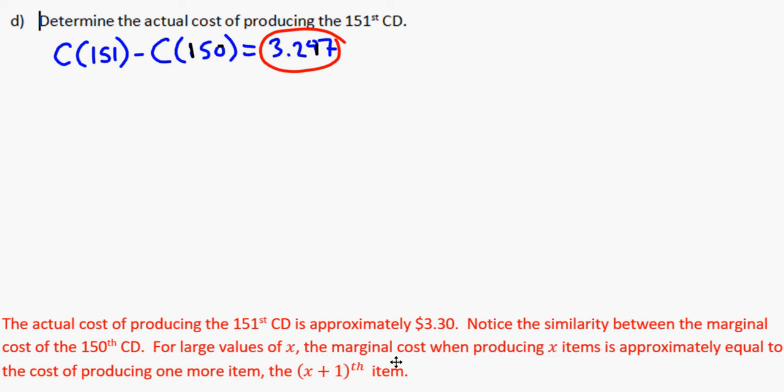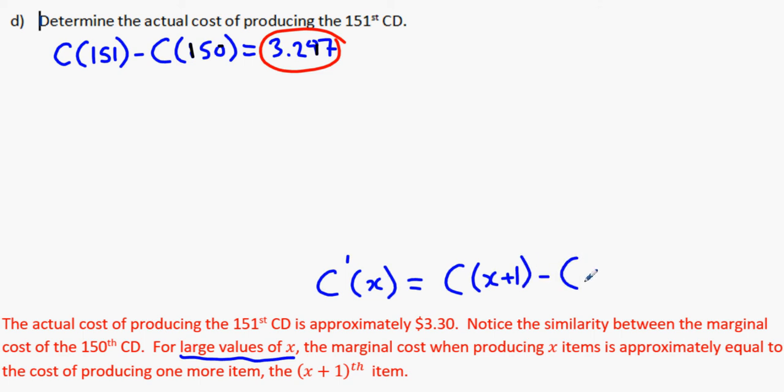These two values, especially as x gets really, really big, will become the same. So for a large value of x, basically C prime of x will be equal to C of x plus 1 minus C of x.